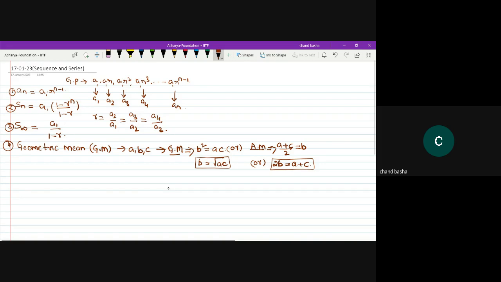Let's discuss a few more problems from this topic, the geometric progression concept.